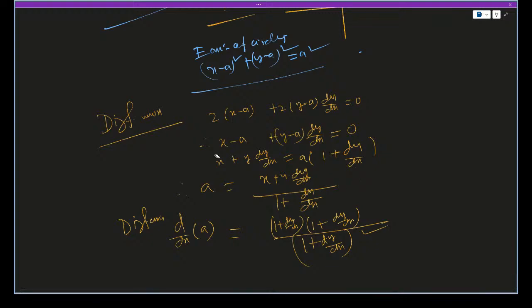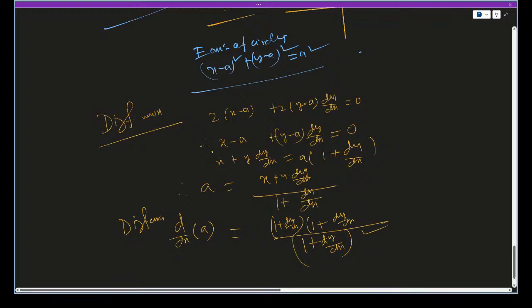Writing the product rule, this into derivative of this is dx by dx 1, dy by dx whole square. But dy by dx of a is 0. So this is the required differential equation.